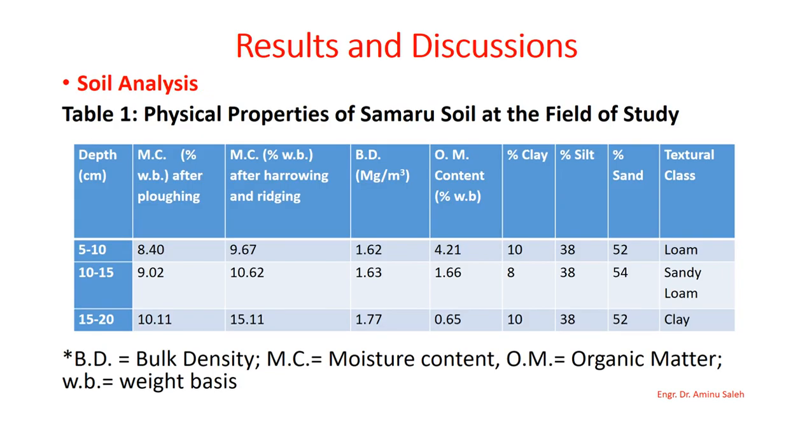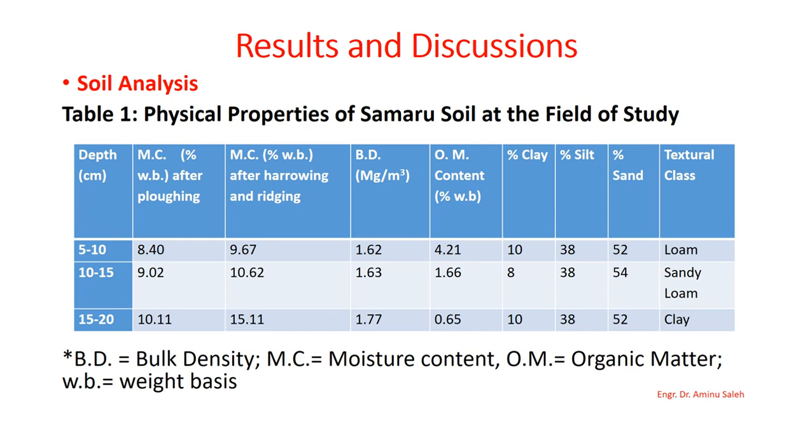Now, the analysis of soil, first of all. Physical properties of Samaru soil in the field of study were analyzed. Now we have clay, we have loam and sandy loam. From this result, we can look at moisture content before harrowing, moisture content after plowing, and moisture content after harrowing. We look at bulk density, organic matter content, then clay, silt, and sand, and other soil textures.